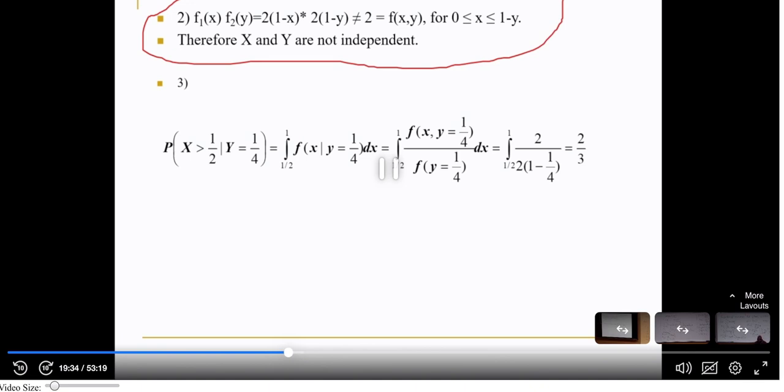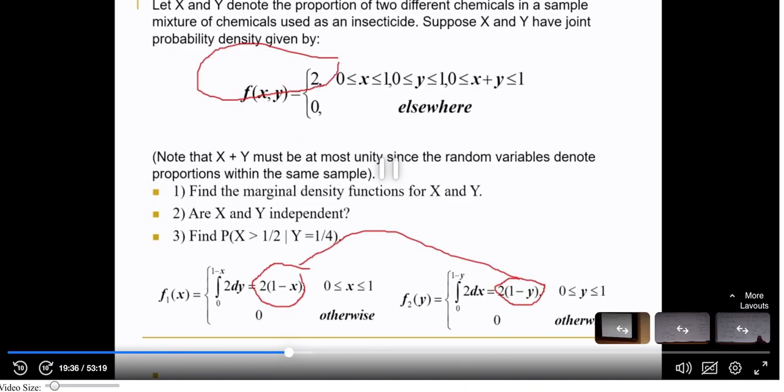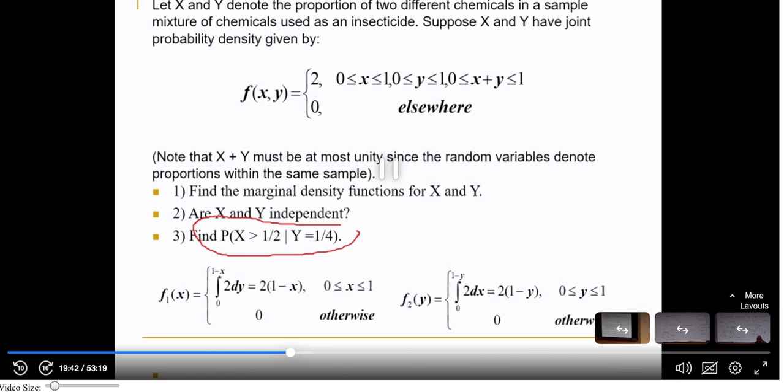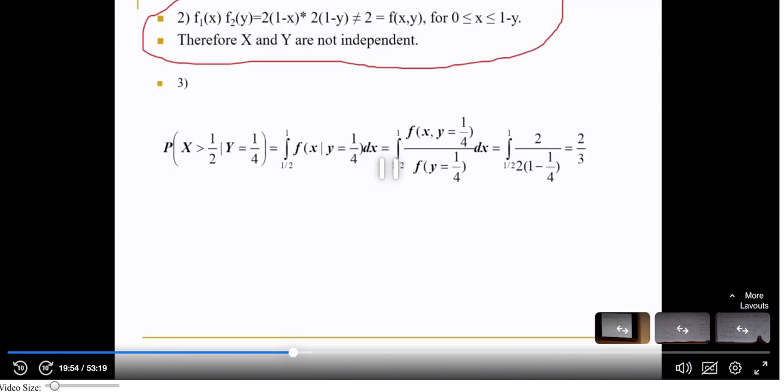Okay, now to answer the last question. The last question talks about finding the probability of x greater than half, given that y equal to 1 over 4. Now here, you need a function of x given y. You need a function of x given y. Now, if you take a look at what I'm doing, that was y.